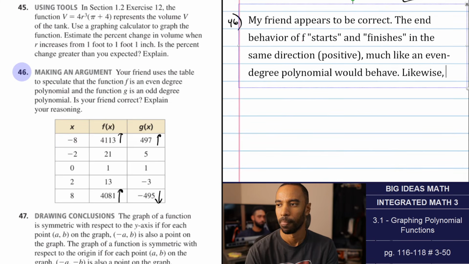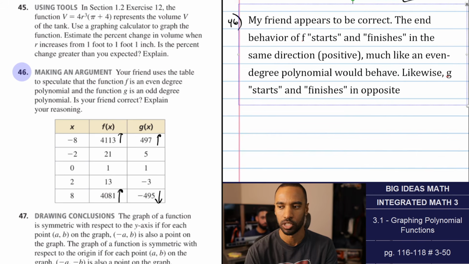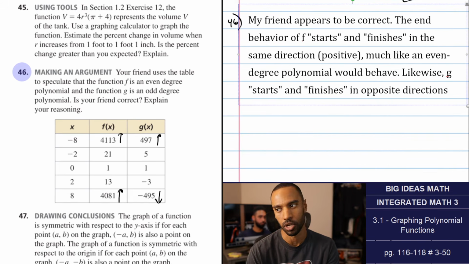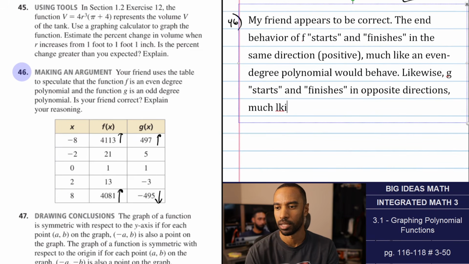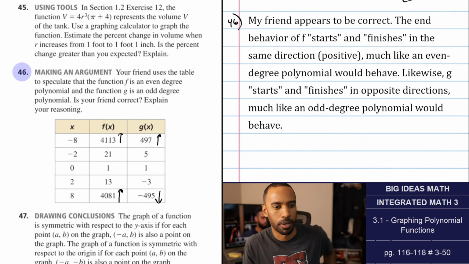Likewise, g starts and finishes in opposite directions. It doesn't matter which directions they are as long as they're opposite. It started positive, ended negative, so I guess it's a negative odd degree one. Much like an odd degree polynomial would behave. So, yep, your friend seems correct in that way.